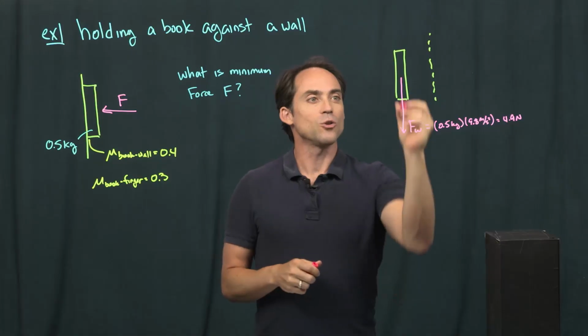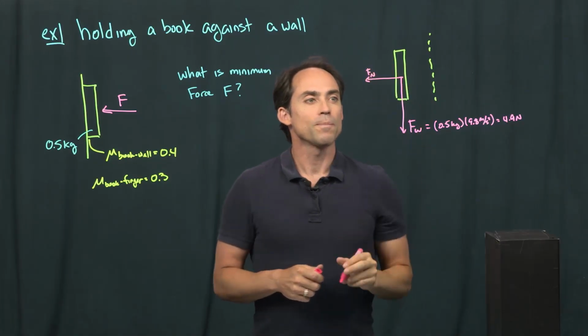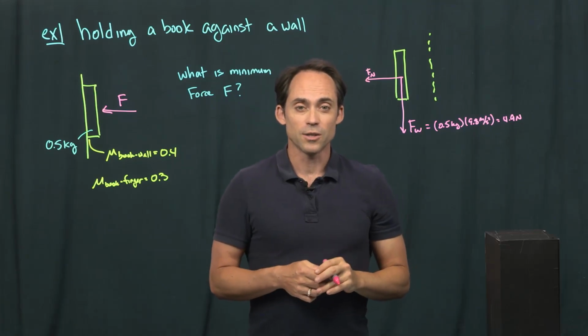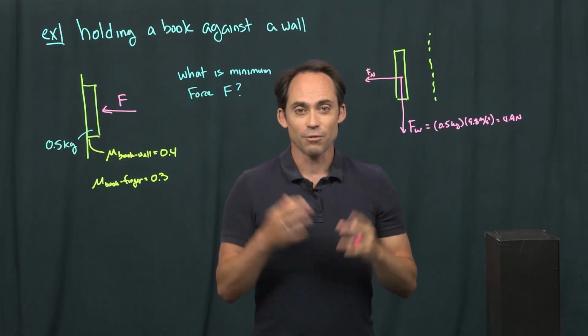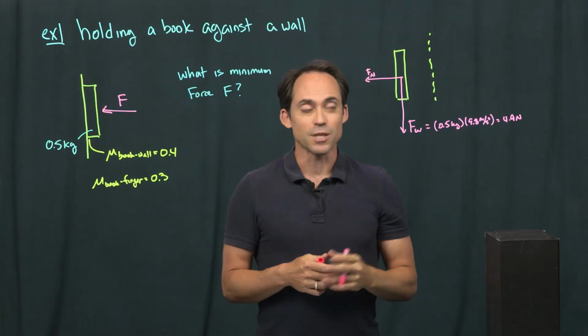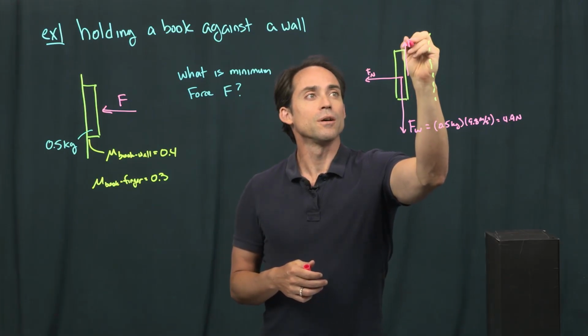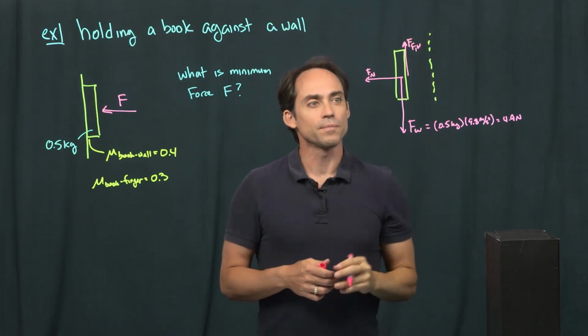So in that case, the normal force is pointing away from that surface. And then the friction force between the book and the wall is going to point in the opposite direction in which the book would slide if there was no friction, which would of course be downwards, and of course along the surface. And so there's a friction force between the wall and the book.